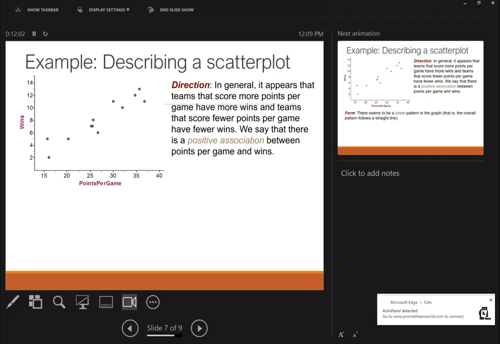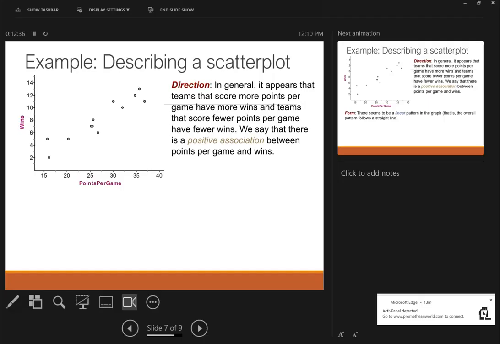All right, let's do some more examples. So again, here is a graph. It looks like probably a college football team, looking at the number of points per game and the number of wins in a season. So if we look at this, we'd say the direction is positive because the graph has it increasing as you go from left to right.